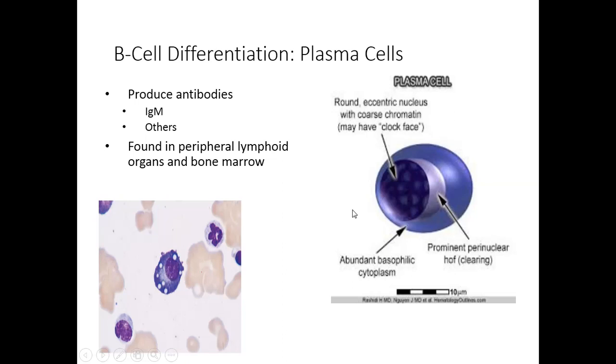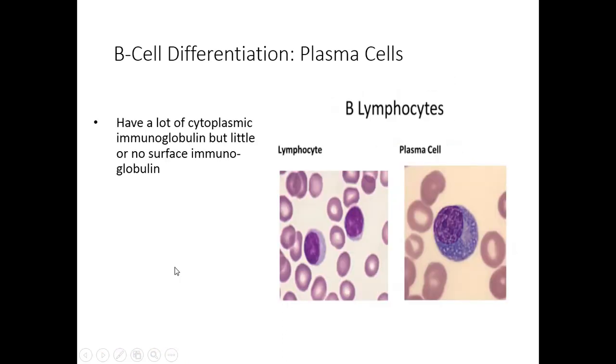And then I, honest to God, in my wildest dreams would have never called this a clock face, but you really talk about the coarse chromatin structure of the nucleus. I think the other slide is a little better for this. See these chunks of nucleus? It's very coarse and you can see literally little chunks, whereas this is a little bit more homogeneous. It's kind of even clumping all across the whole thing.